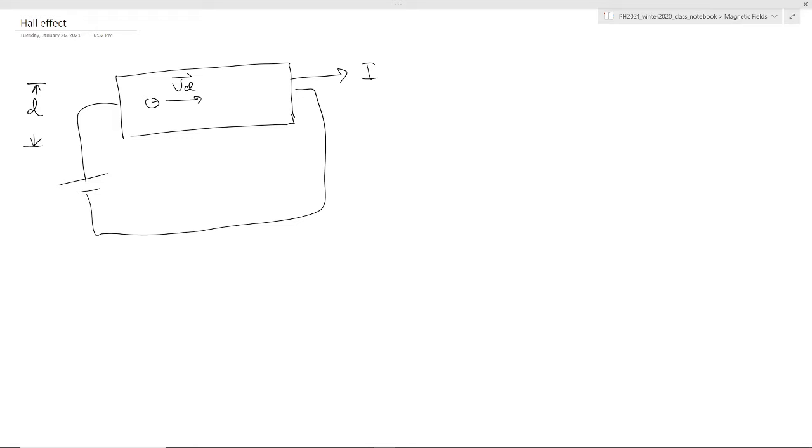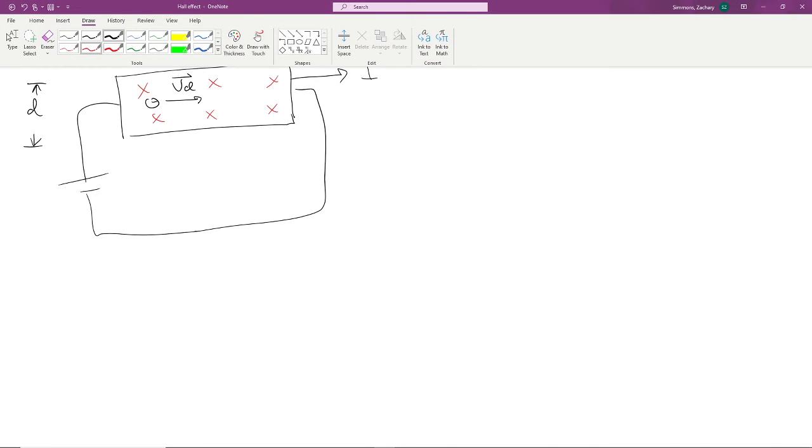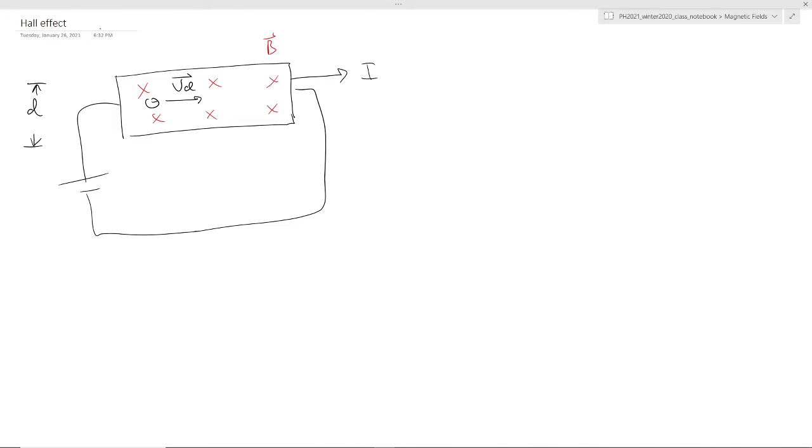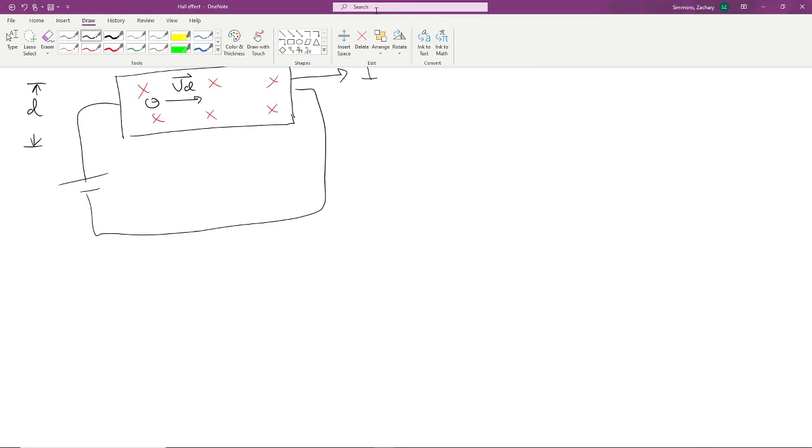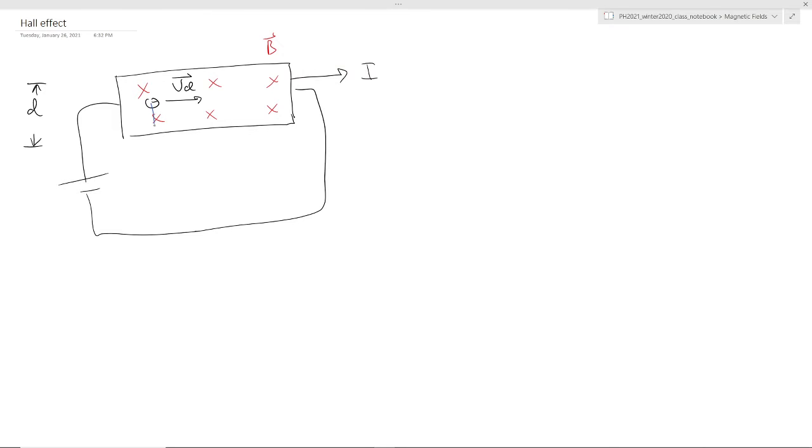And suppose this whole thing here is a magnetic field that's pointing into the page. What we would notice is those electrons would feel a magnetic force pointing down. Actually, let me put that in a different color here. Like this.